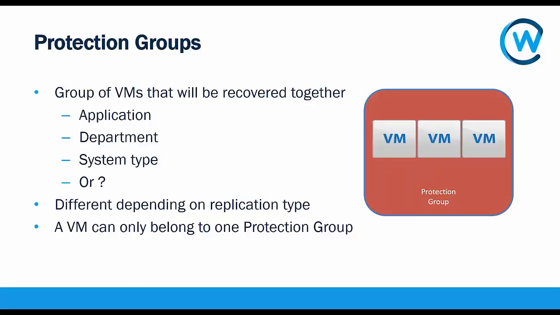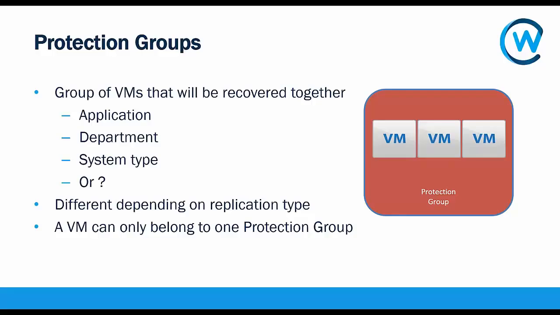So, protection groups. As I discussed earlier, effectively it's just a logical grouping of VMs. Some more examples here: applications, a specific department has its own applications that it uses. They all need to be protected with the same RPOs and RTOs, so group them together using a protection group. Or it's anything really. It's flexible.